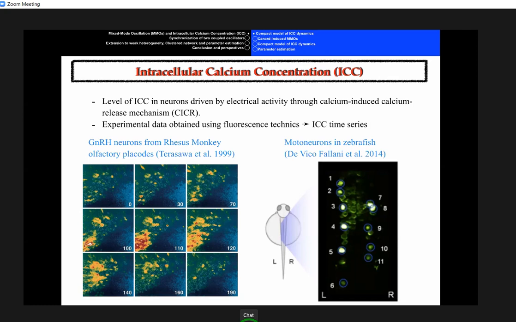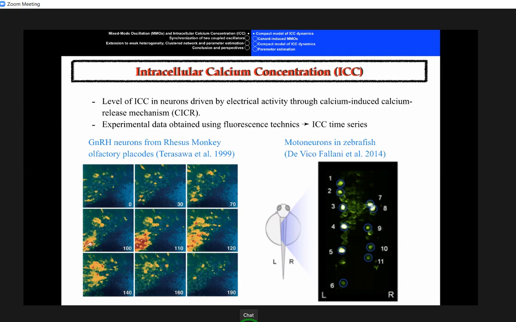More recently, the ICC in motoneurons has been recorded in zebrafish. They stuck the head of the zebrafish in some kind of jello, and they are able to locate all the motoneurons on the ipsilateral and contralateral sides of the spinal cord, and to record the ICC for a while.